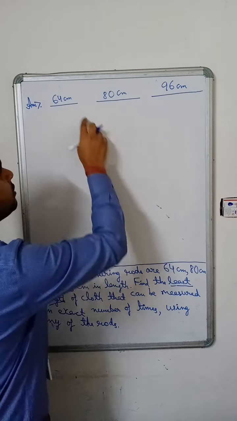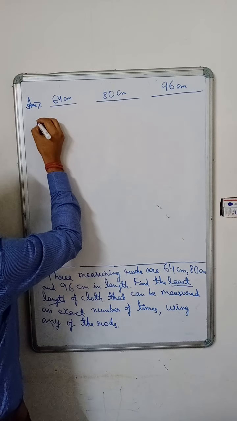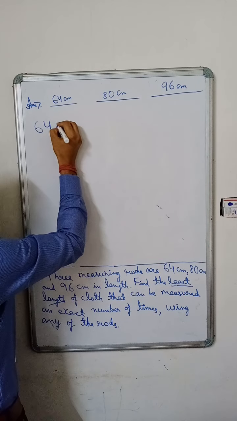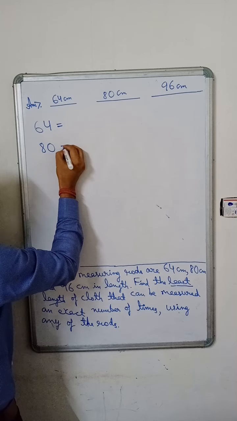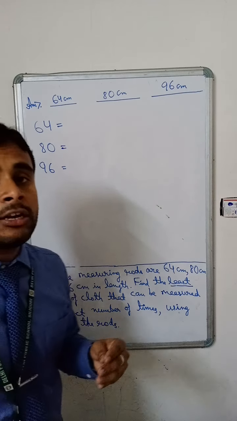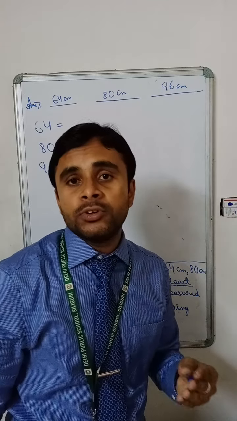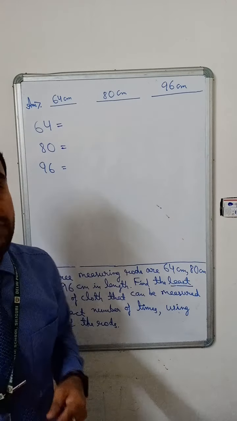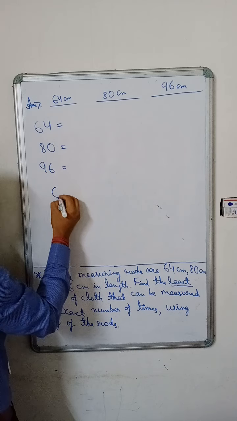So by reading the question we have identified that we have to determine the LCM of these three numbers, and the rest part there is no problem if you have understood in the previous video how to determine the HCF and LCM of two or more numbers by using the prime factorization method. So let us factorize.